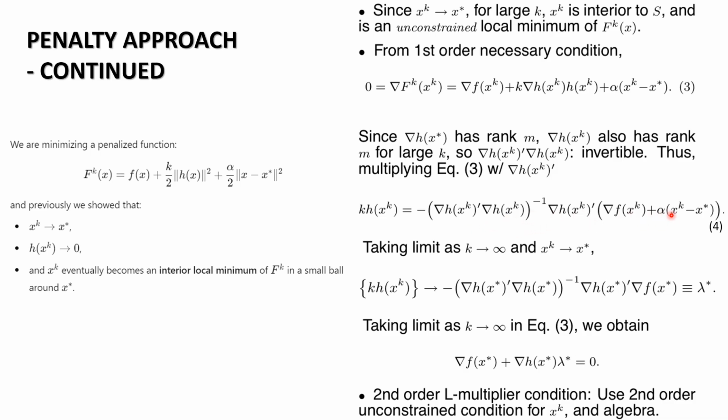And now this expression defines an approximate Lagrange multiplier in form 4.